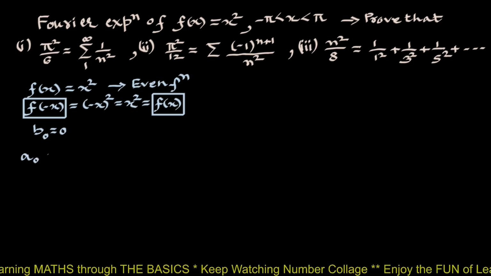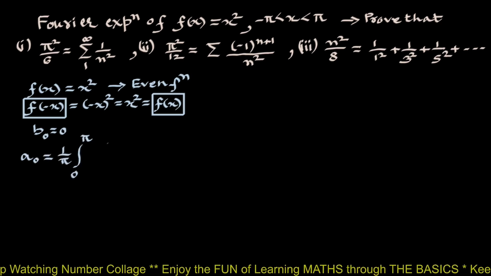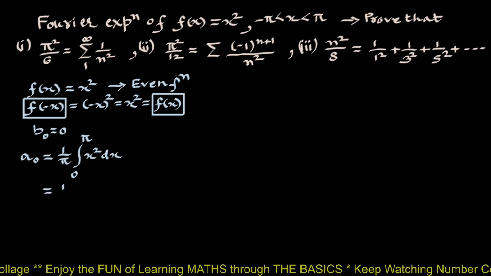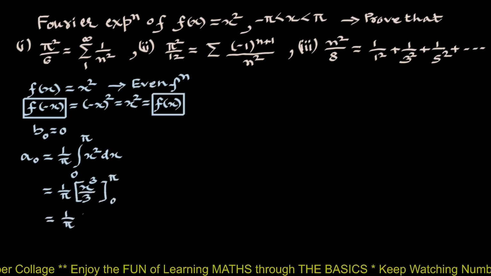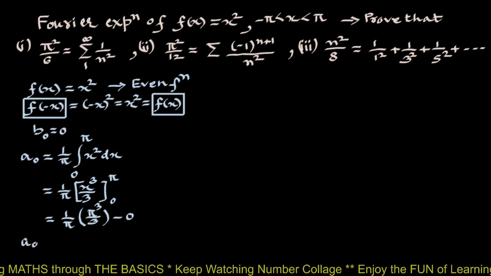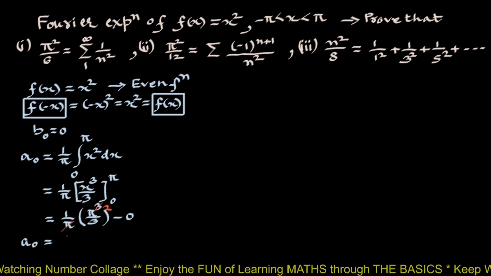First, a0 is 1 upon pi integral 0 to pi f(x) dx, that is x square dx, 1 upon pi x cube upon 3, 0 to pi, 1 upon pi into pi cube upon 3 minus 0, which gives a0 equals, cancelling 1 pi here, pi square upon 3.